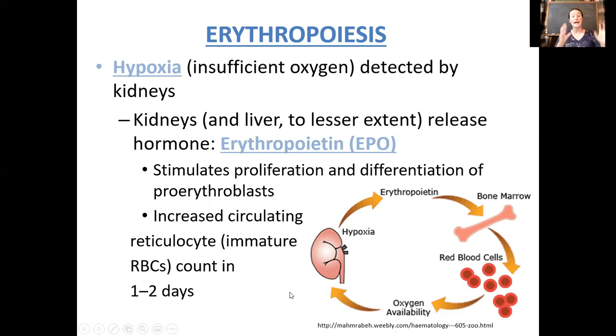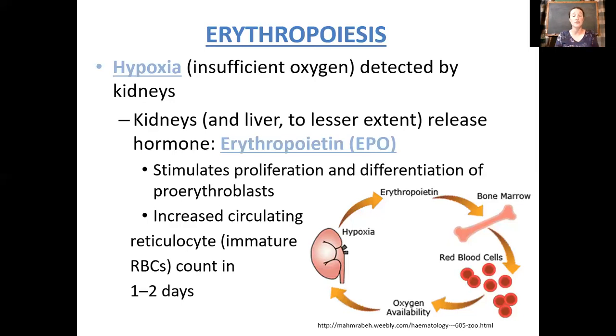And ultimately, as that blood arrives at the bones, in the bone marrow, it is going to bind to receptors on those stem cells, and it's going to stimulate those stem cells, the hemocytoblasts, to proliferate, so to undergo mitosis, making more and more of these cells, and for those daughter cells to start differentiating.